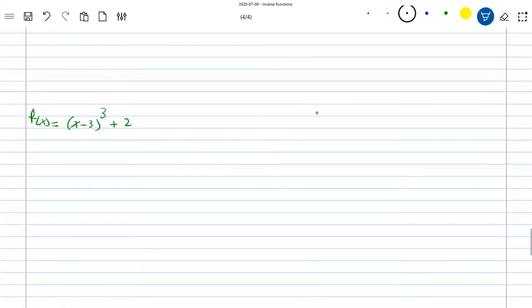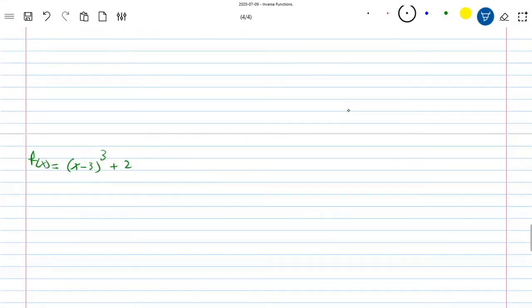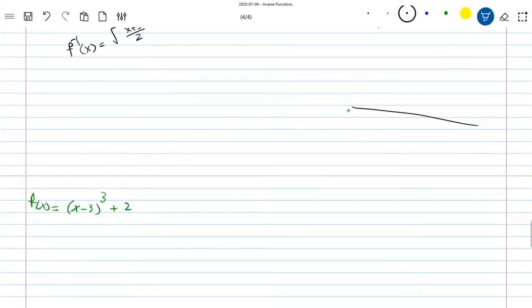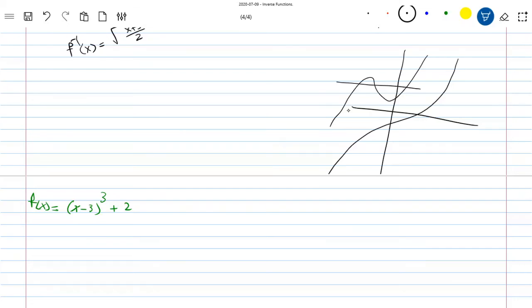Cubic by itself, if you remember a cubic function, cubic has this general shape, unless there is a combination with quadratic, then in that case there would be something like this, and you do not pass the horizontal line test. That would be more complicated. So generally, if you have simply x cubed minus a constant, this is how the shape looks. So it's a one-to-one function, and you do not need to break the cubic function at all.